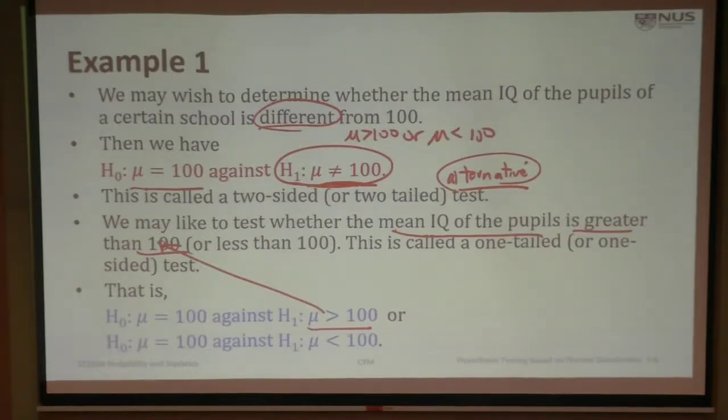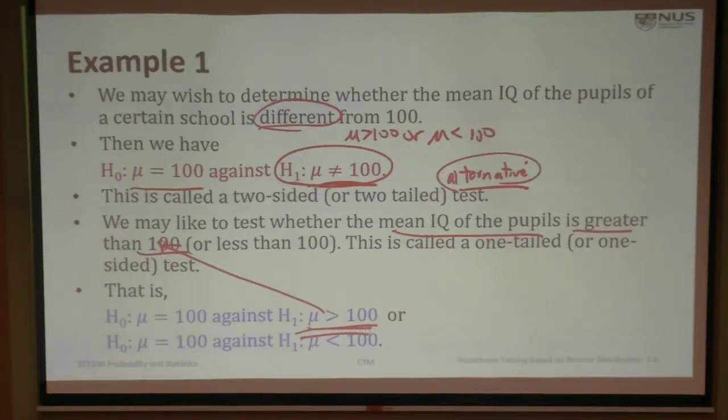So our null hypothesis is still mu equal to 100. That is what we believe. Now I want to find evidence that mu, in fact, is not 100, but maybe greater than 100. Then our alternative is like that.